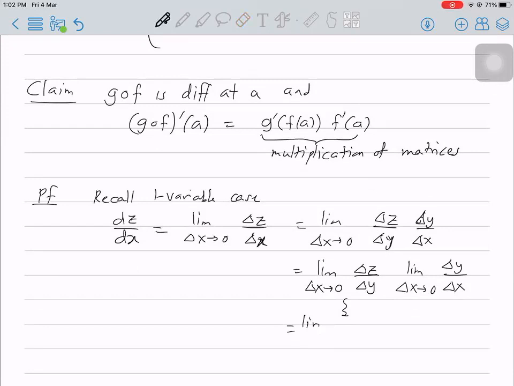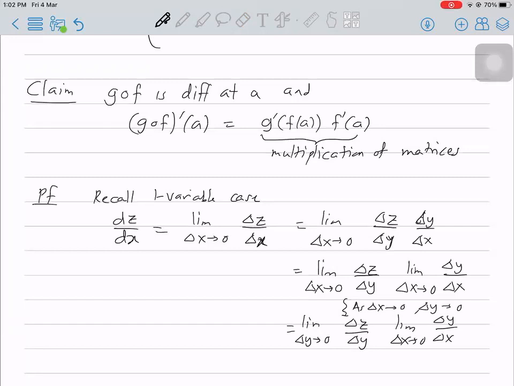Sorry, I'm just doing this heuristically, because some analog of this will have to be used over there, right? I keep making a mistake. So the limit as delta x approaches 0, delta y approaches 0.